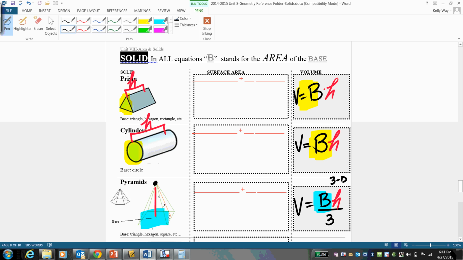Surface area. We find surface area by finding first the lateral area. We do that by finding the perimeter of a base times the height. That gives us all the rectangles plus the area of 2 bases. Notice that's a capital B. That means area of. Just write the word area so you remember that.